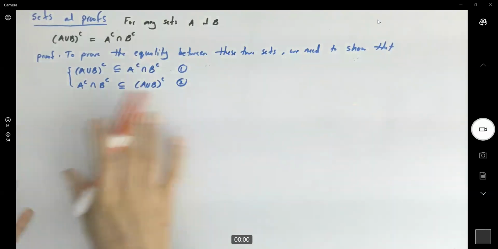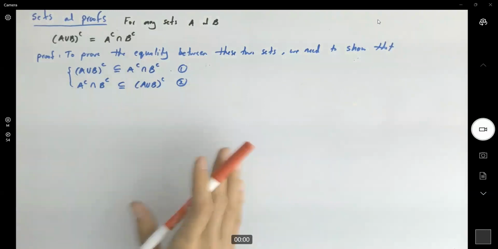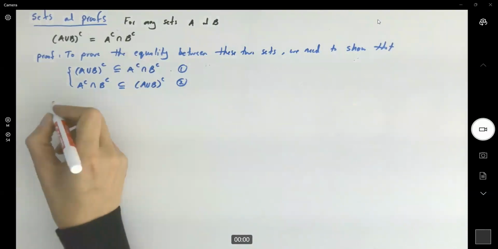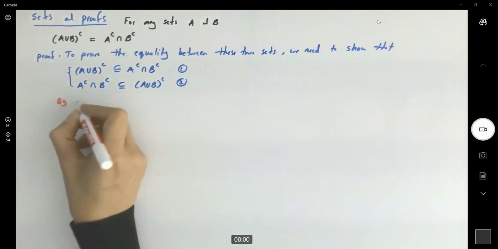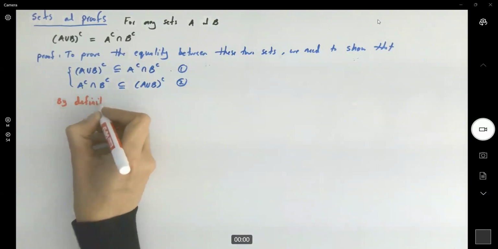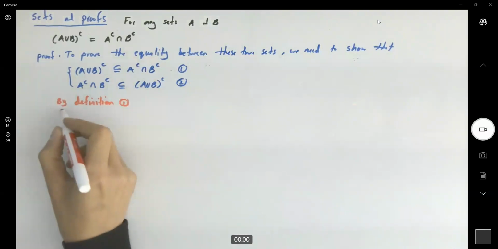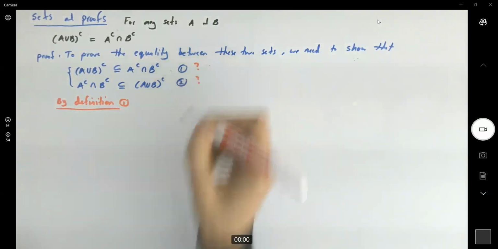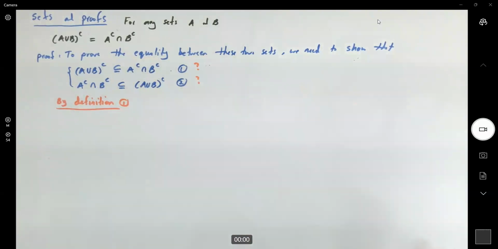We're going to use translation, going back and forth between the definition. So by definition, and some properties that we learned, we're going to prove the very first one. So again, put a question mark, to make sure that you're trying to prove each one of them separately.